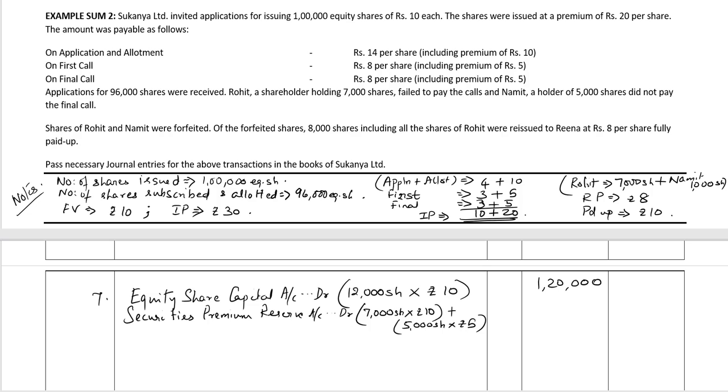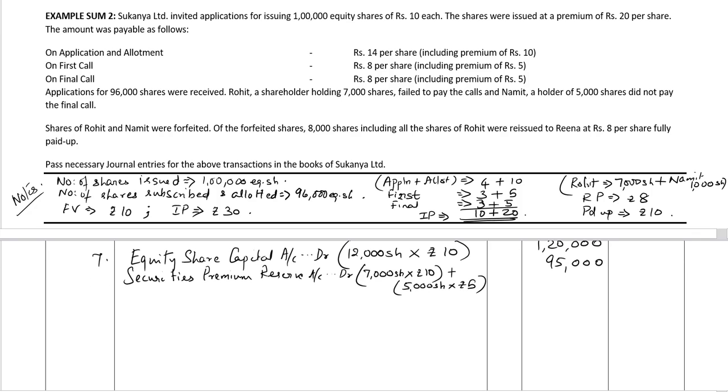So it comes up to 70,000 plus 25,000, which is 95,000 rupees. To forfeited shares account.